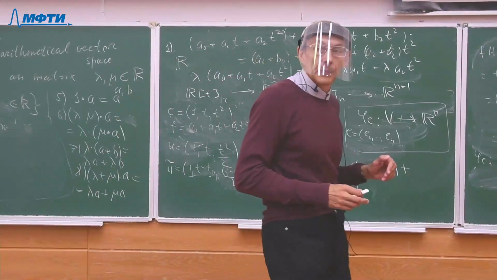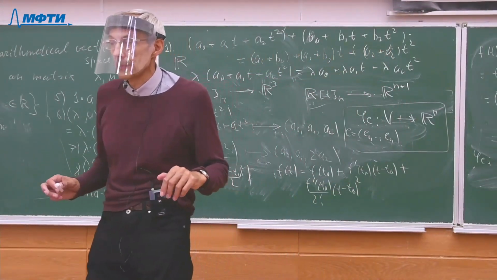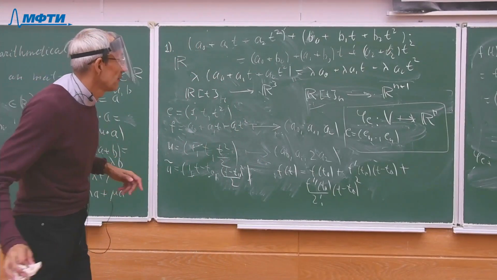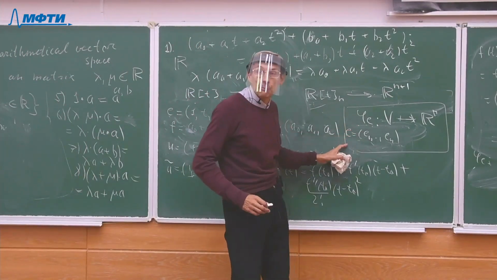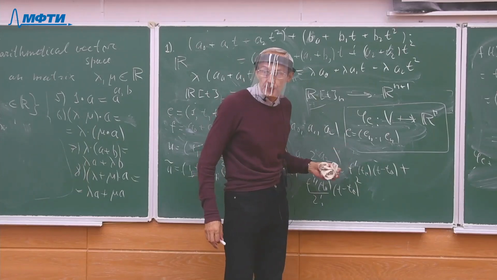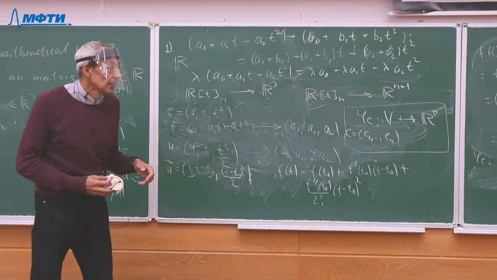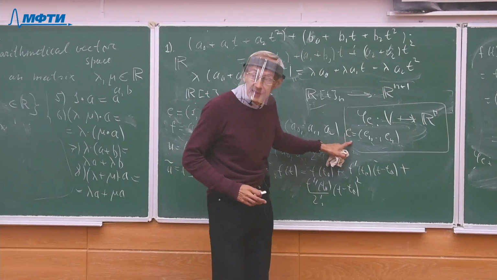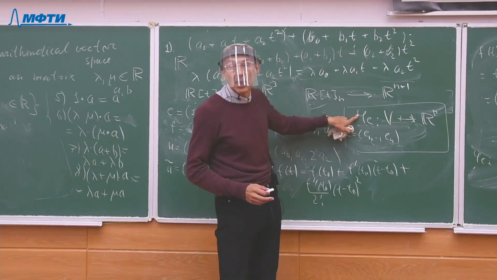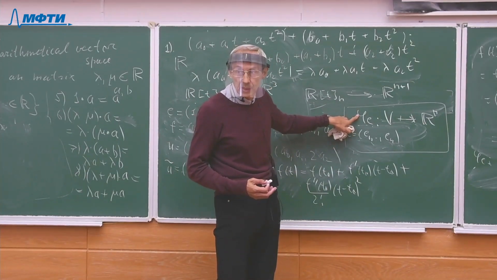Question: what was phi? Phi denotes the coordinate mapping, and e is the basis.